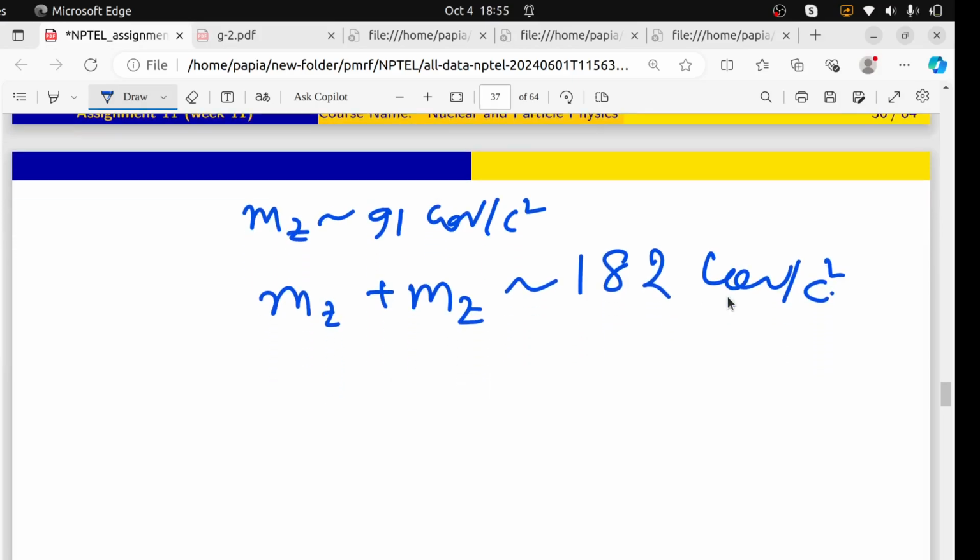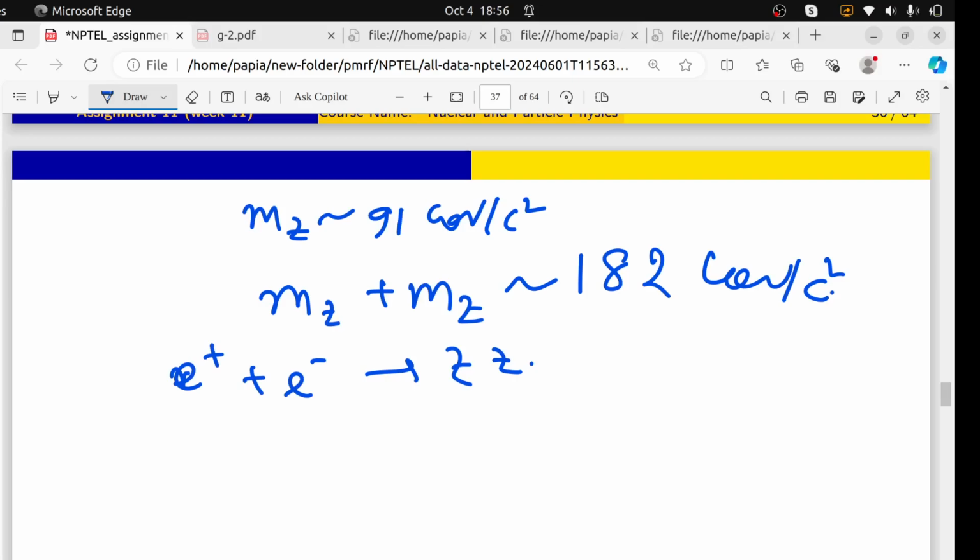Now obviously, these are only the simple rest masses. If I take care of the kinetic energy and the total energy, and the total energy of the left hand side equals the total energy of the right hand side, then this interaction is possible. But to have this type of interaction possible, we need the kinetic energy of electron and positron to be too much.